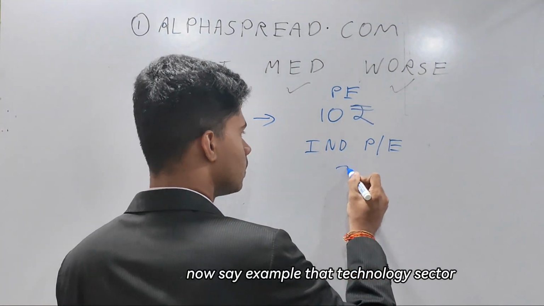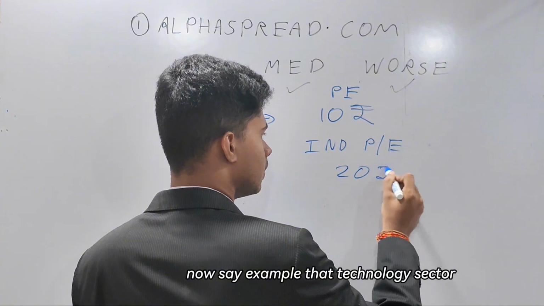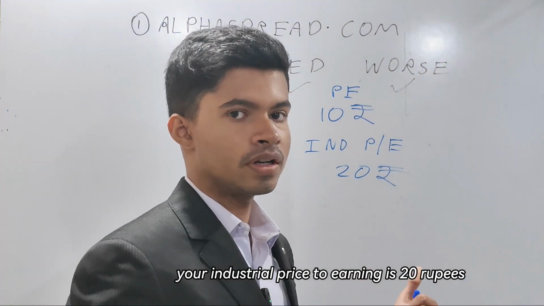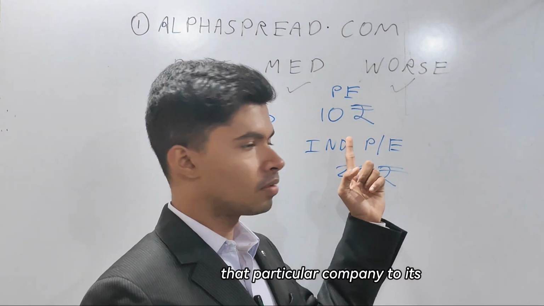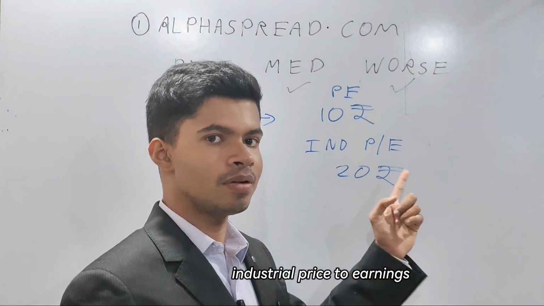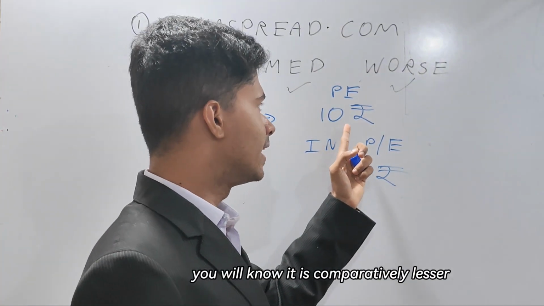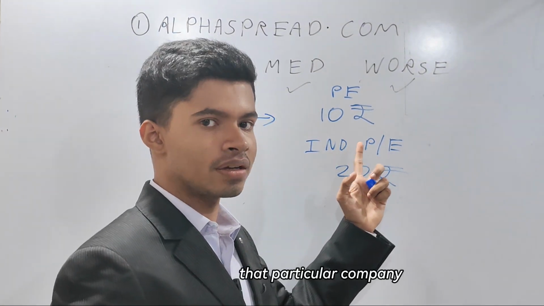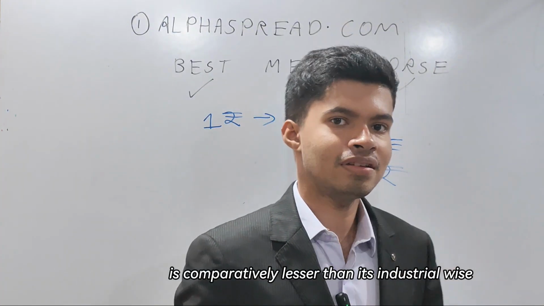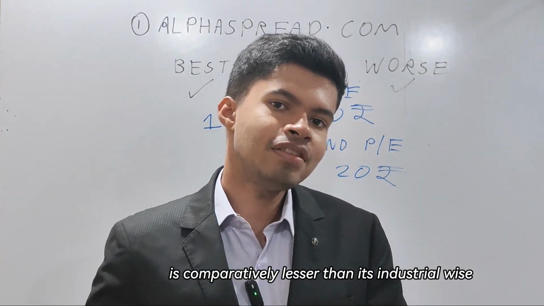Say for example, the technology sector's industrial price to earning is 20 rupees. Now when you compare that particular company to its industrial price to earning, you will know it is comparatively lesser.